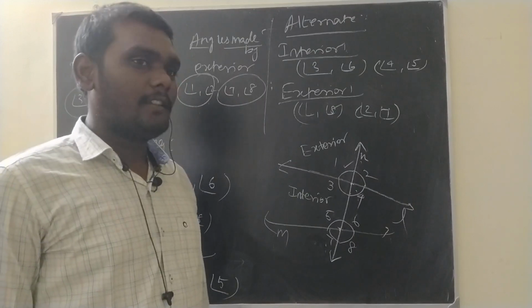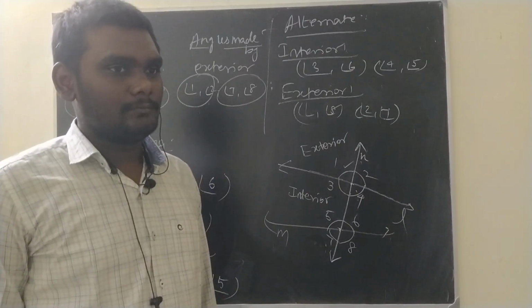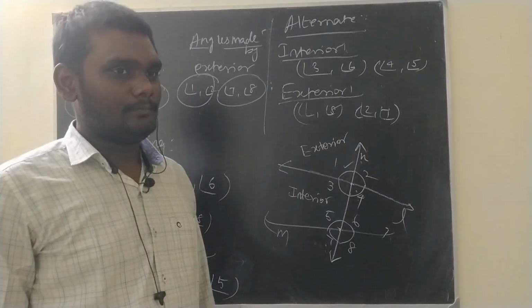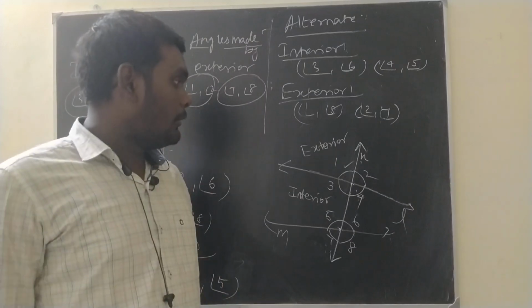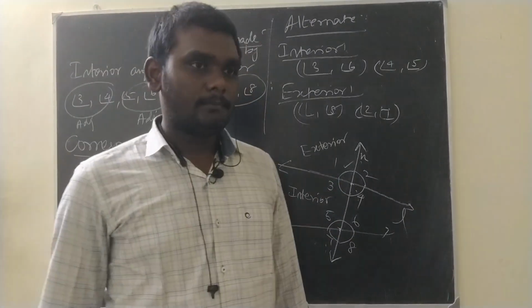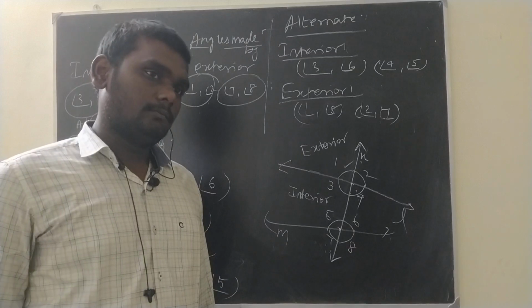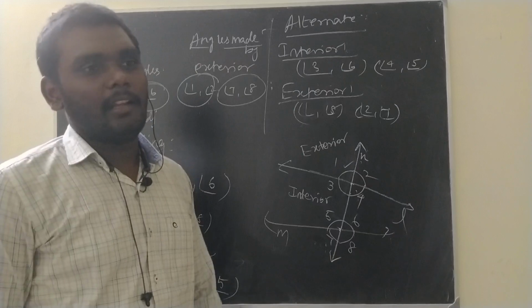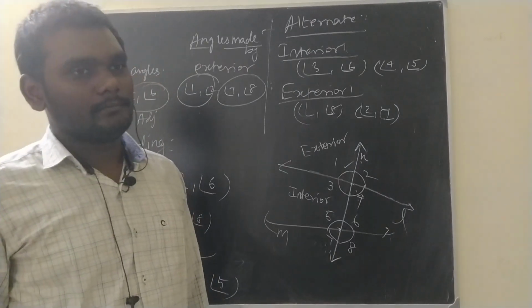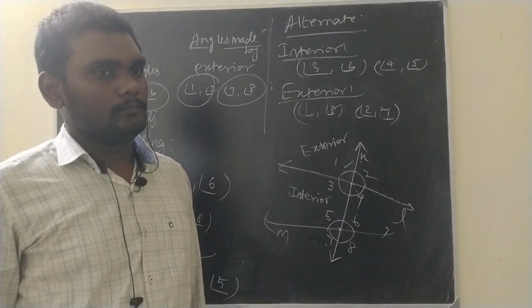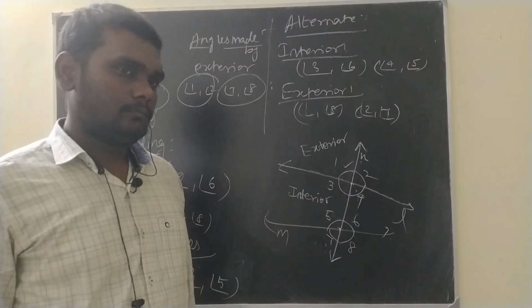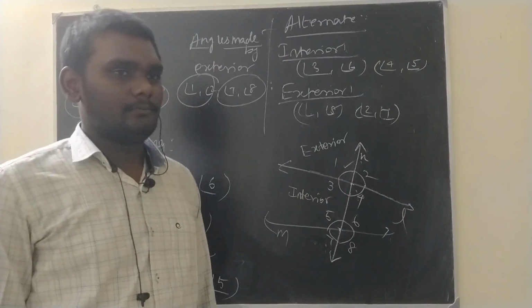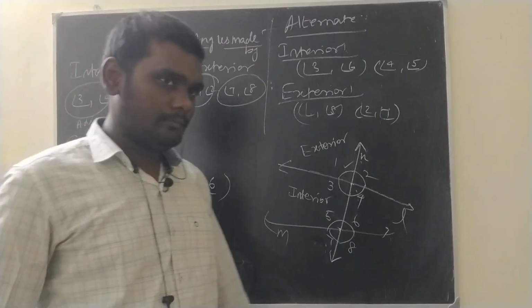Then how do you call 2 and 6? Corresponding angles. Okay. Then how do you call 1 and 8? Alternate exterior angles. 3 and 5? Pair of interior angles on the same side of the transversal. Okay, clear?